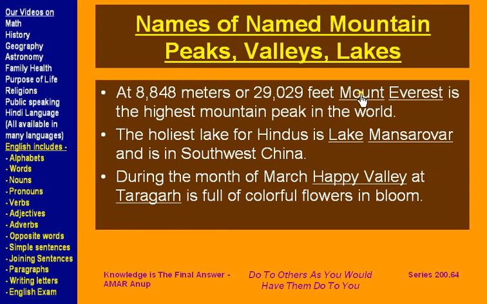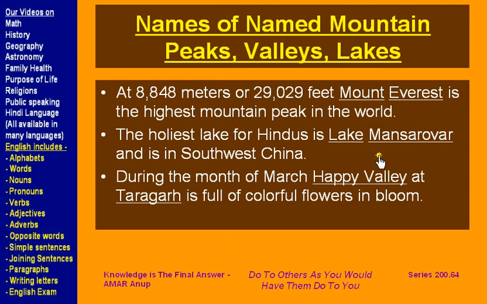So M in Mount and E in Everest is capitalized. Another example for lake: the holiest lake for Hindus is Lake Mansarovar and is in southwest China. So L in lake and M in Mansarovar are capitalized because it's a name of a lake.